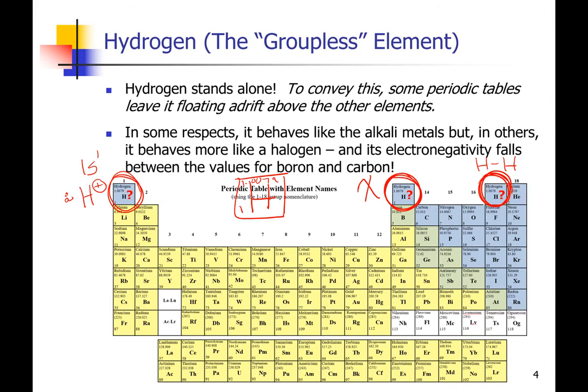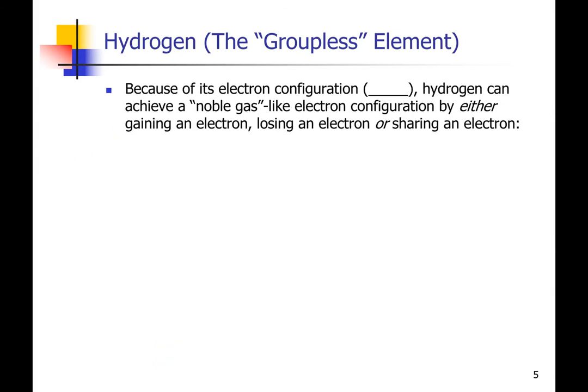There is no other element in the periodic table that can be argued to have more than one viable location on the periodic table. So as we noted on the previous page, the electron configuration for a neutral hydrogen atom is 1s1. And that means that if you wanted to make a hydrogen cation, you would take one electron away.